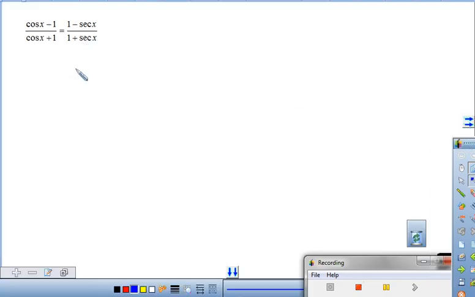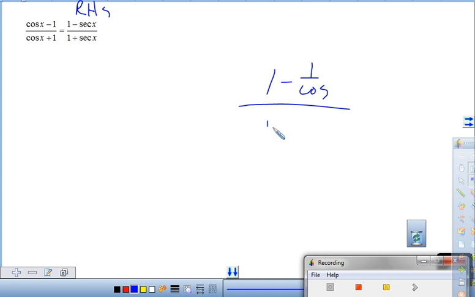And the final one we'll do here is I'm going to go ahead and manipulate this one. I selected the right-hand side because it was not in terms of sine or cosine, so I'm going to adjust this right-hand side. I'll put it over here. And I have 1 minus 1 over the cosine, and then 1 plus 1 over the cosine. So I again see that they both have a cosine here, so perhaps I can look to cancel those.